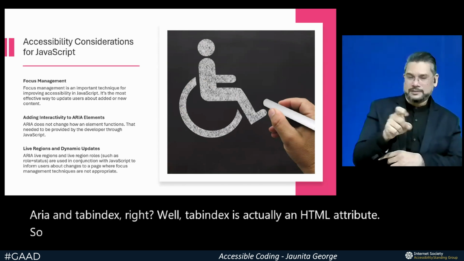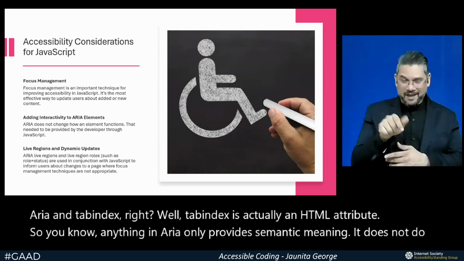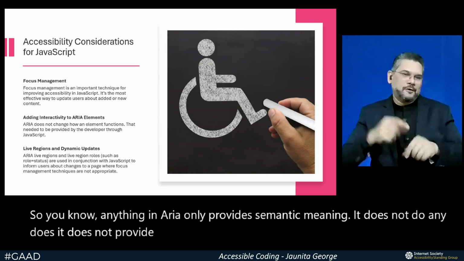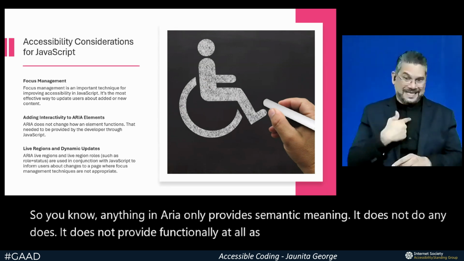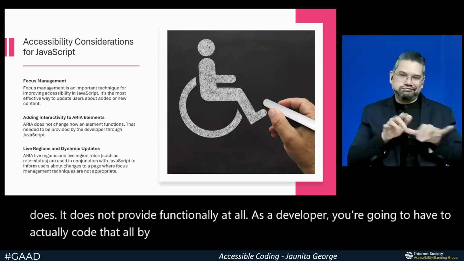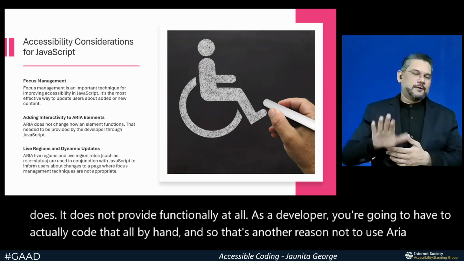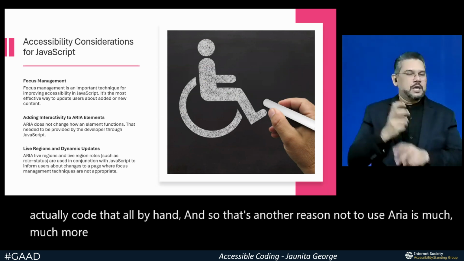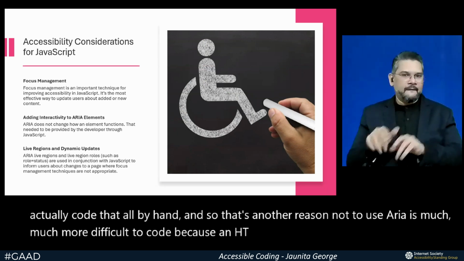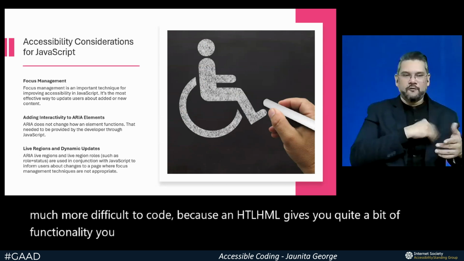Anything in ARIA only provides semantic meaning. It does not provide functionality at all. As a developer, you're going to have to actually code that all by hand. And so that's another reason not to use ARIA. It is much more difficult to code, because HTML gives you quite a bit of functionality built right into those HTML elements.